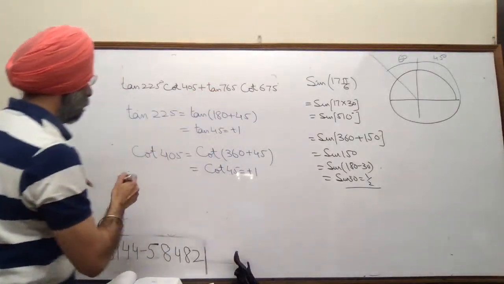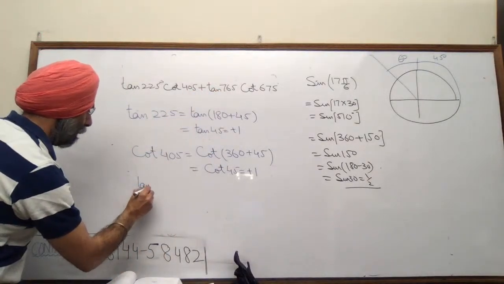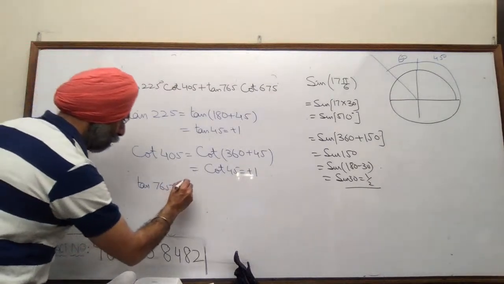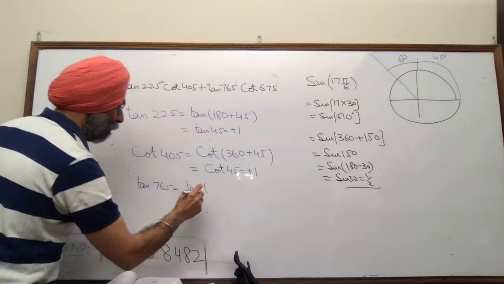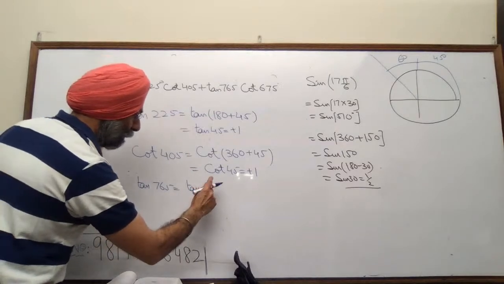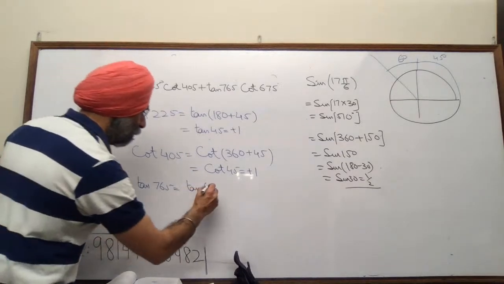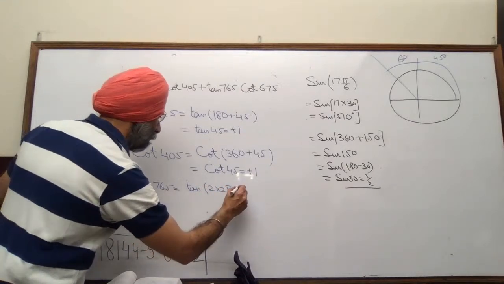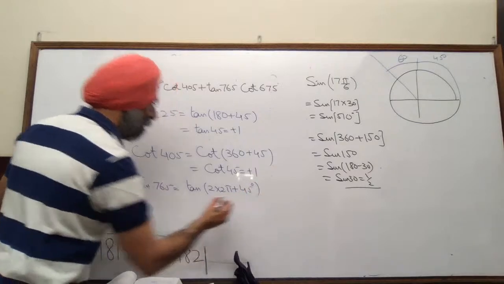Coming to the next one, tan of 765 degrees. So Tamana, you can see here it has completed 2 rotations, so that means tan of 2 into 2 pi plus 45 degrees.